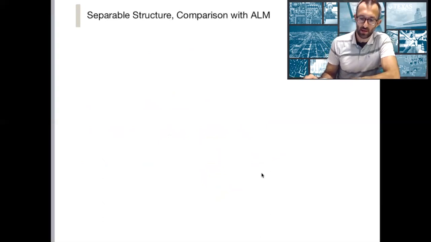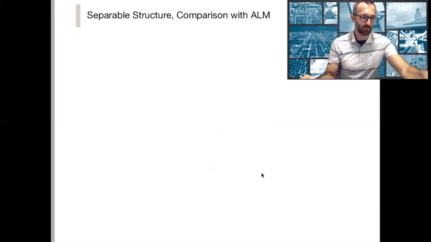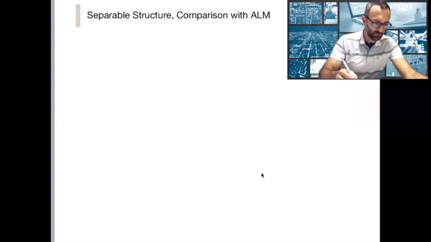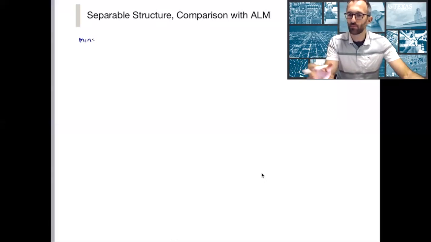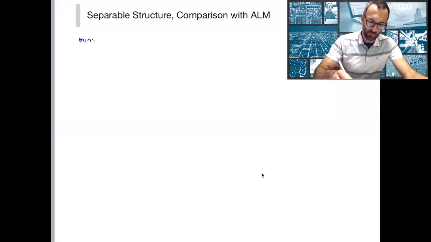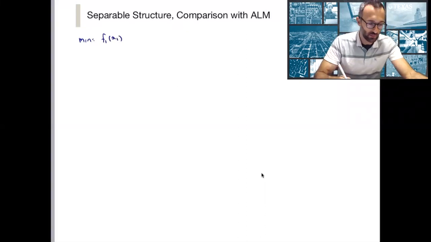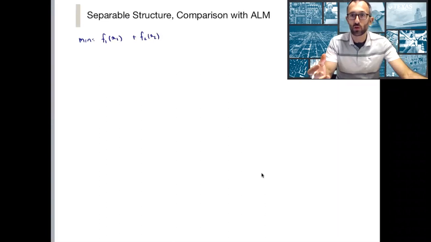So let's look at another comparison with augmented Lagrangian in the setting where we have some kind of separable structure. I'm going to write down essentially the same problem that we've been looking at, but more explicitly write down a separable structure for f. So I'm now minimizing f1 of x1 plus f2 of x2. Before I was generally treating this as f of x.